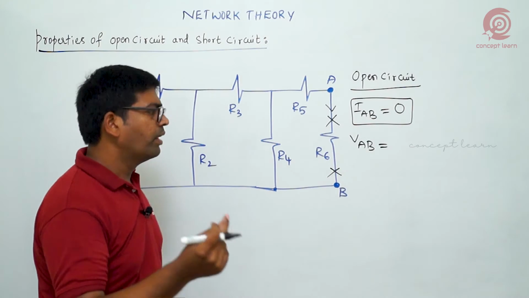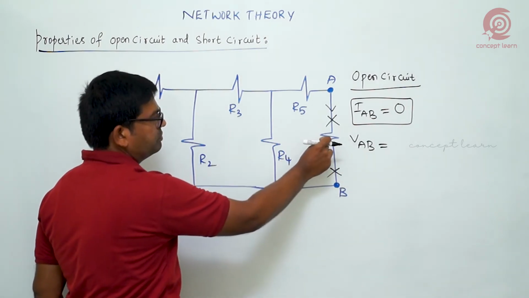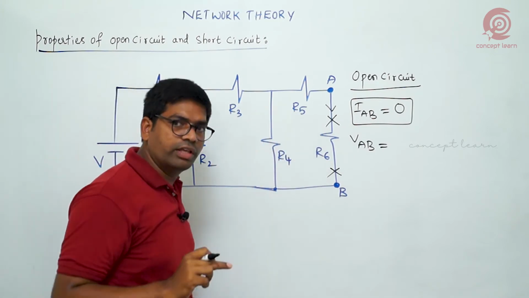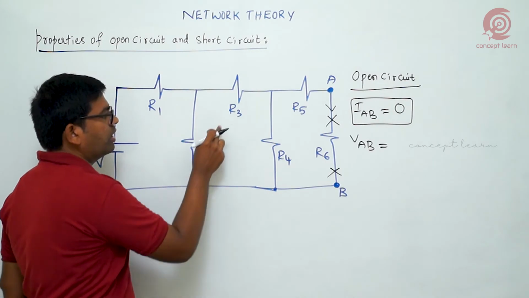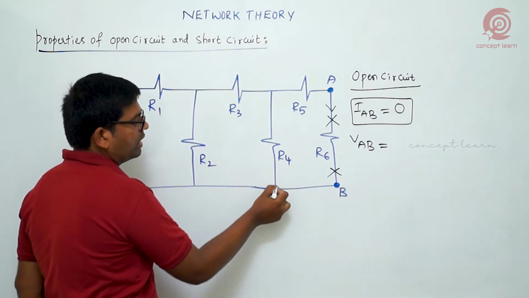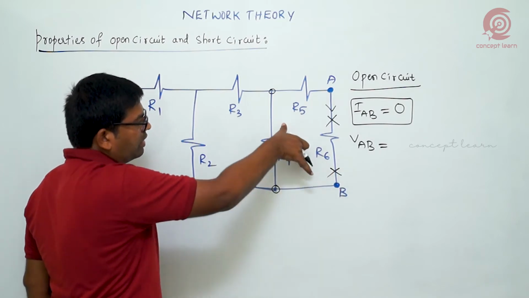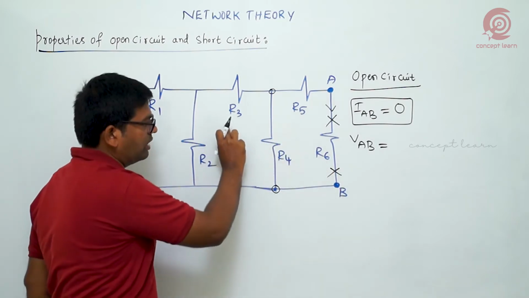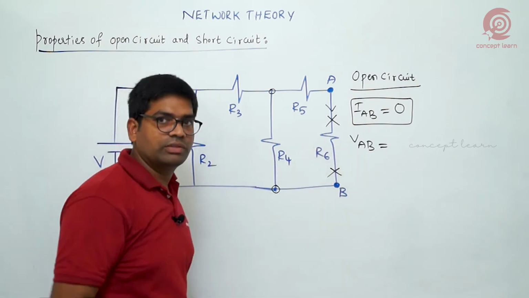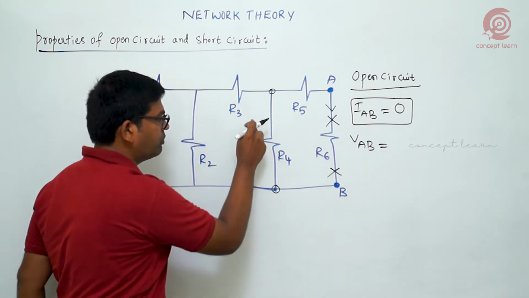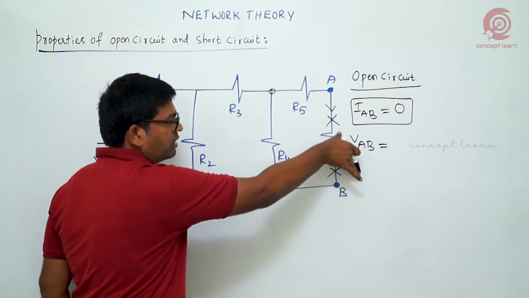Look here, if you open the terminals, current is not flowing, even through this branch R5, but current is flowing through R1, R2, R3, R4. Where the terminals are located, AB, across the R4 resistor, some current is flowing through R4. The same voltage is available across the A and B terminals. If current is flowing through R4, some drop will be there because of the open circuit.